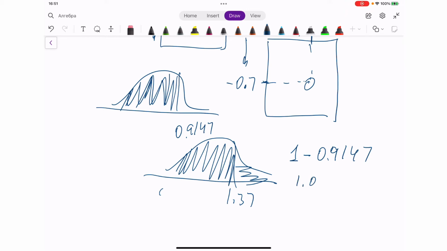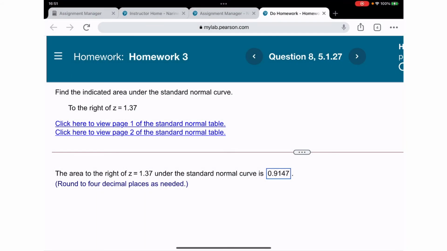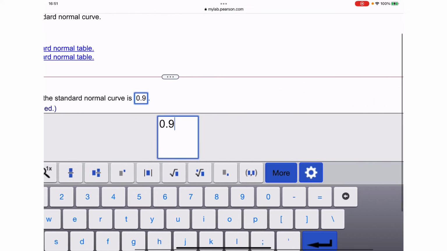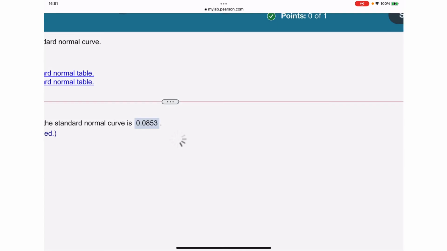So 1.0000 minus 0.9147. 10 minus 7 is 3, 9 minus 4 is 5, 9 minus 1 is 8, and 0. 0.0853. Let me double check. 0.0853. Fantastic. Okay.